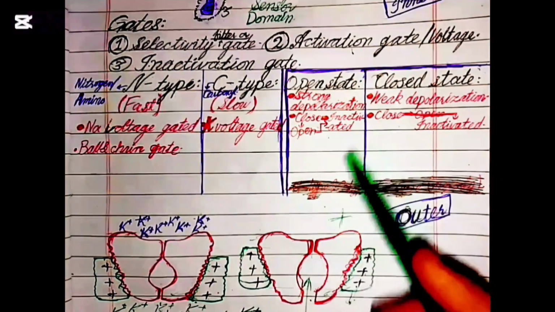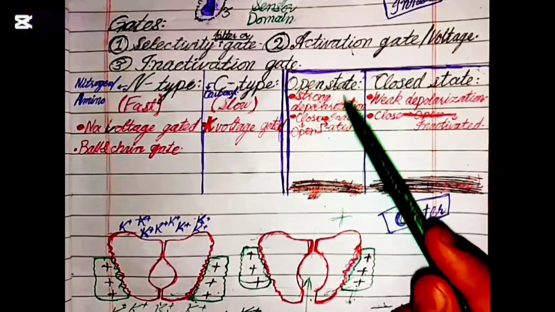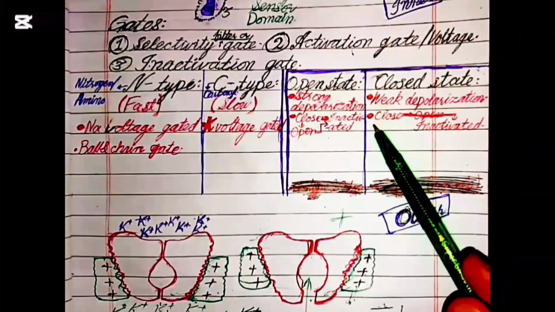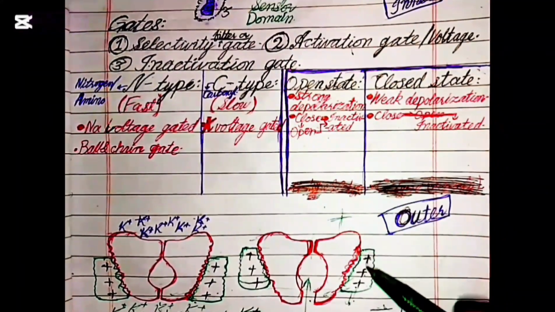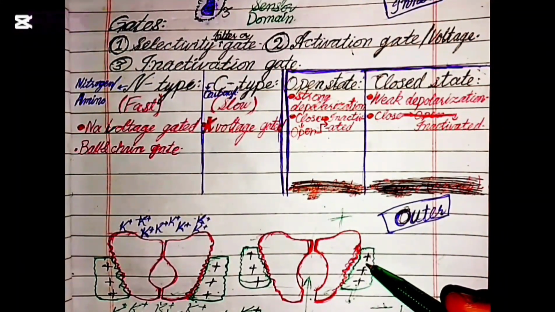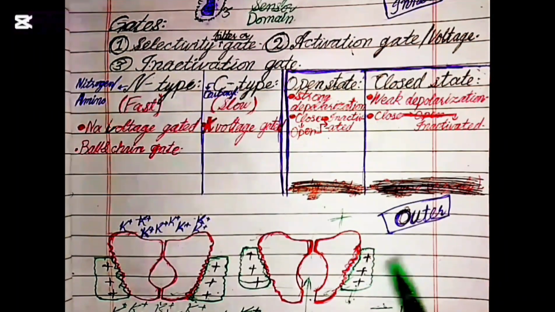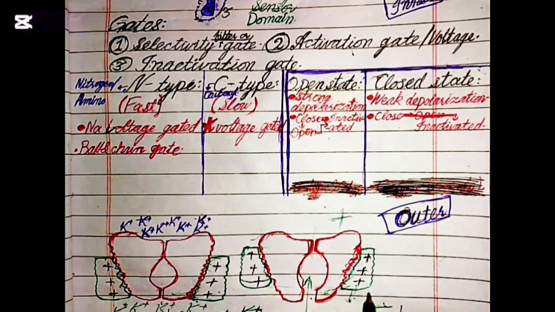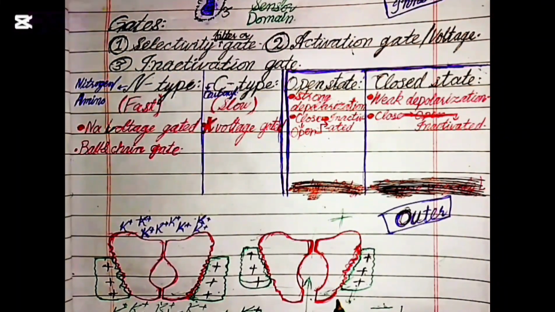If there are strong depolarizations, open state inactivation occurs. If there is very weak depolarization, the gates are repelled very weakly and very slowly, and this slow repulsion doesn't pull the activation gate to open, and as a result the gate is inactivated before opening.